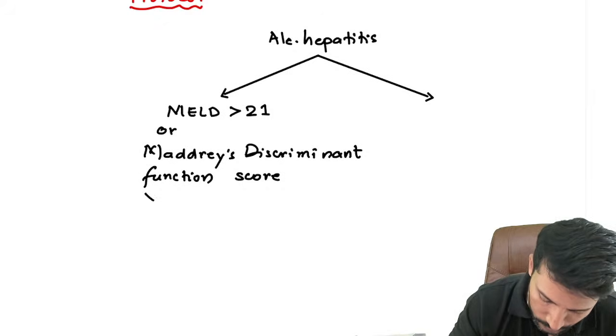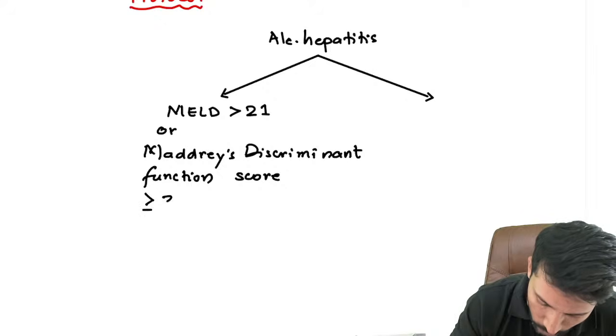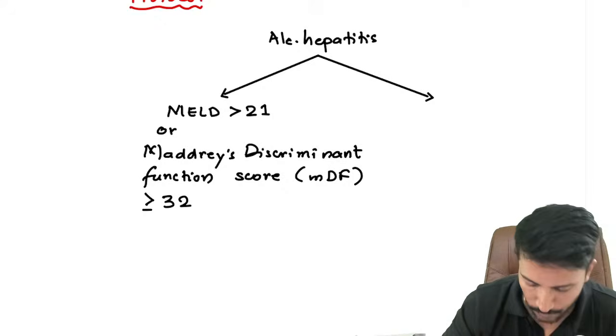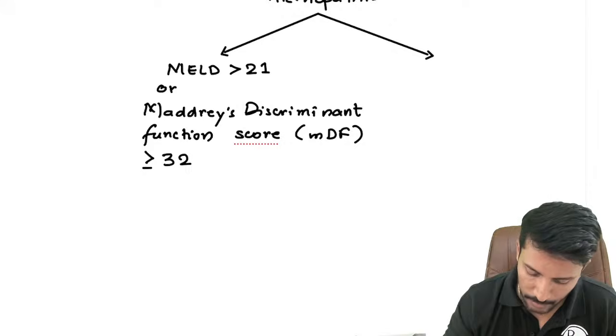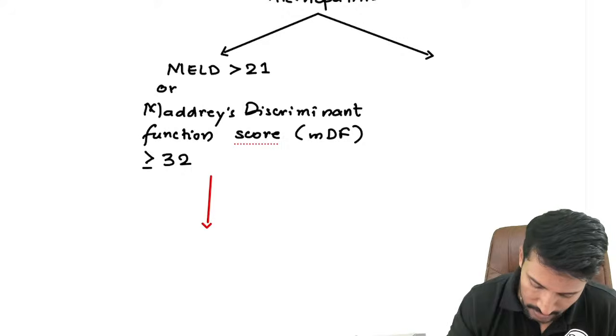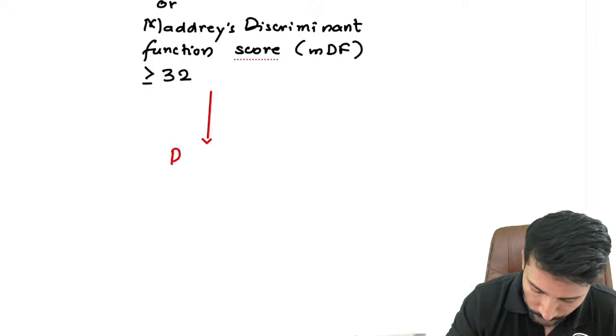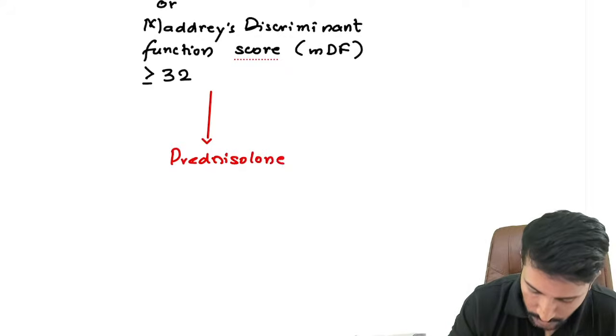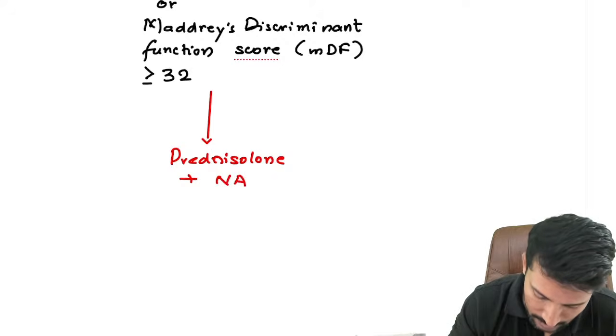If it is more than or equal to 32, this can be abbreviated as MDF. It is suggestive of severe hepatitis. In them, we have to consider prednisone or prednisolone plus N-acetylcysteine.